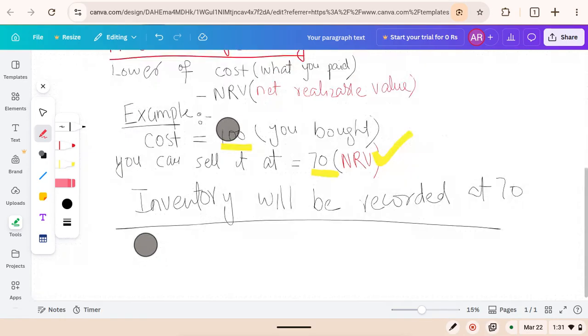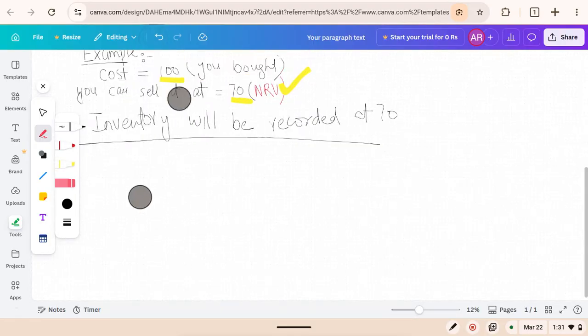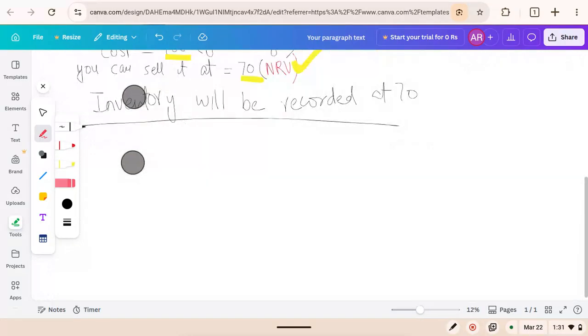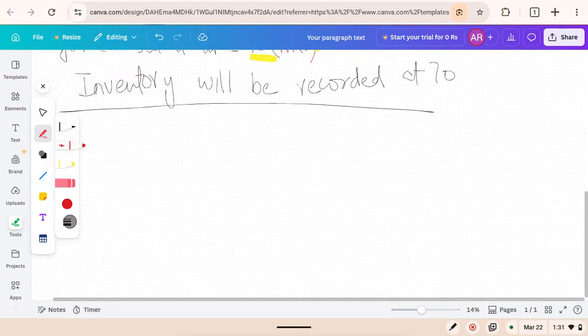Now I want to tell you in detail what is cost.